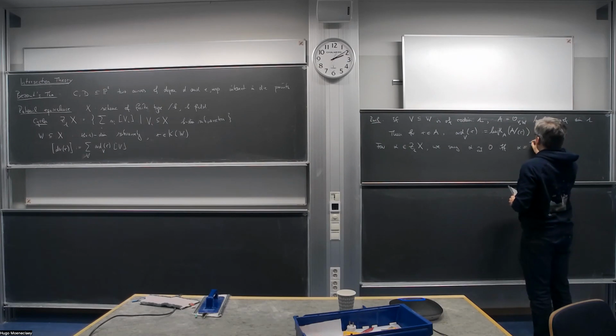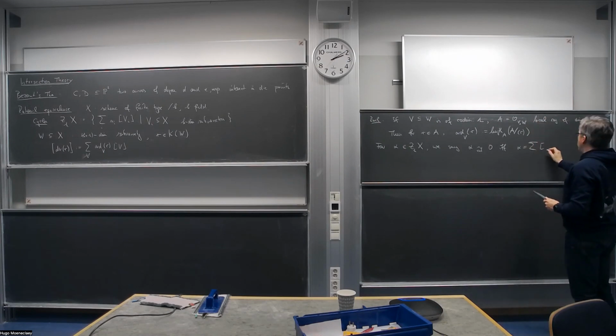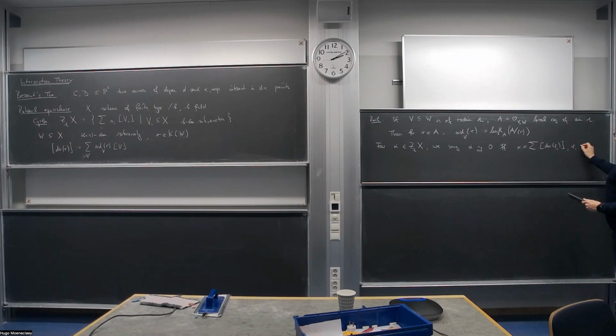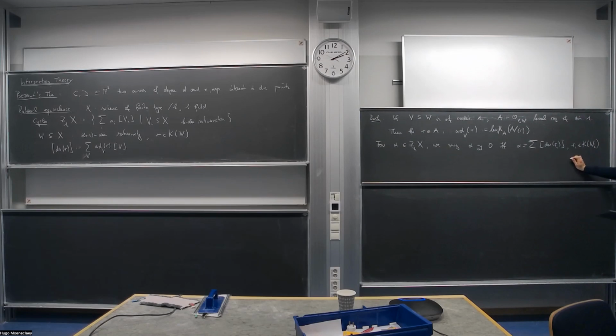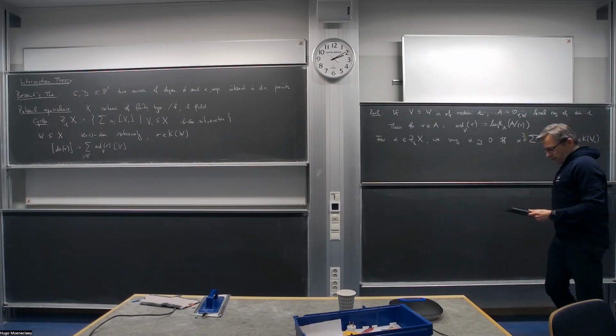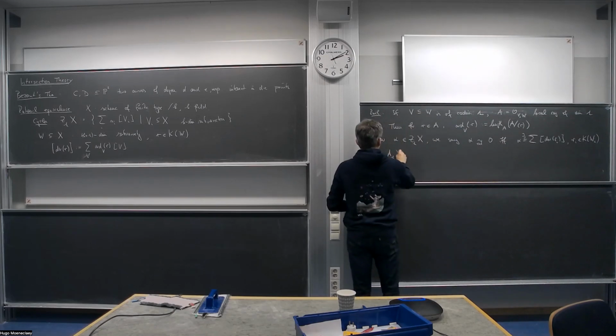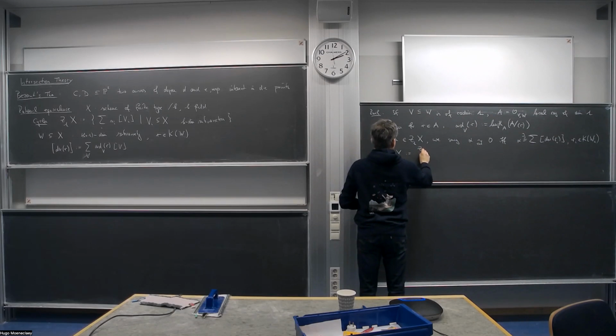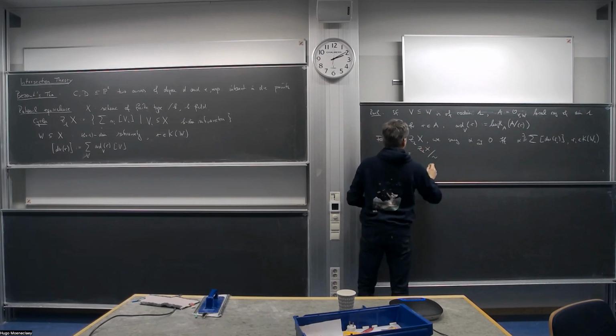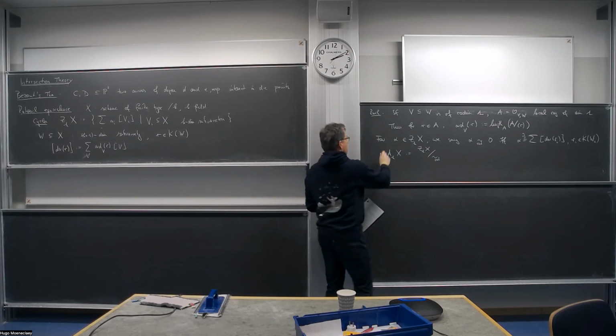Alpha might be written as a sum of divisors of R_i, where the R_i are rational functions on W_i. And then the group we are interested in is Z_k(X) modulo this rational equivalence.